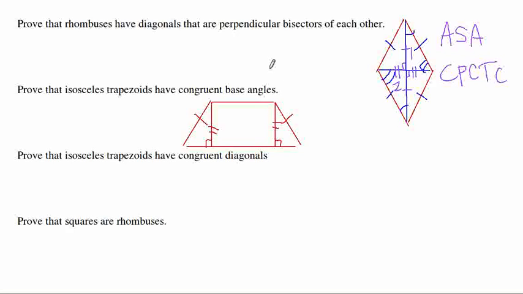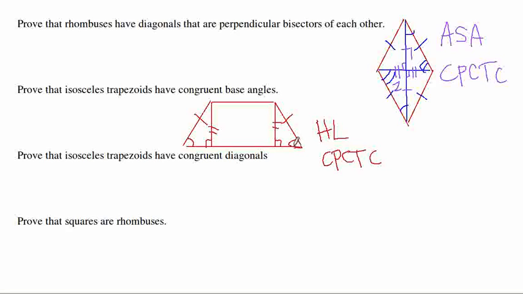And I know that those two right triangles are congruent from the HL theorem. Corresponding hypotenuses are congruent and a corresponding pair of legs are congruent. And then by KIPTIC, I know that all corresponding sides are congruent. Therefore, the base angles must be congruent.